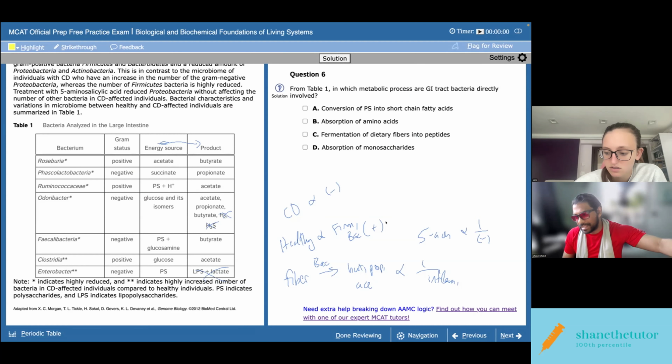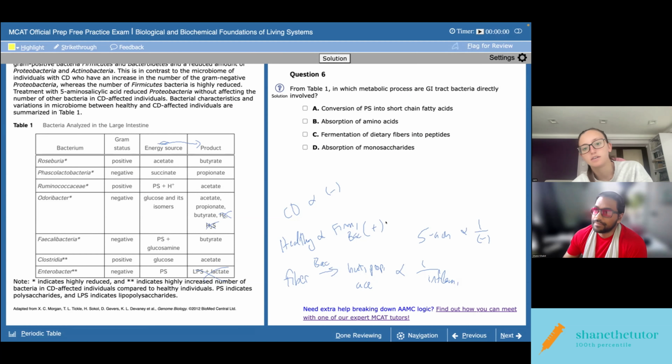You start with a polysaccharide, you break it up into monosaccharides, and then the monosaccharides can get absorbed. So D won't be it, because absorption is what you do after you break it down. But we're looking at bacteria that actually do the thing that breaks it down, right?